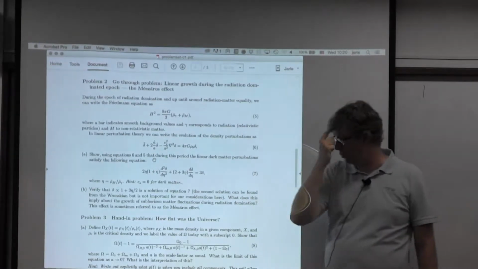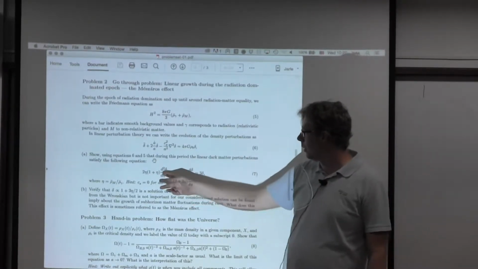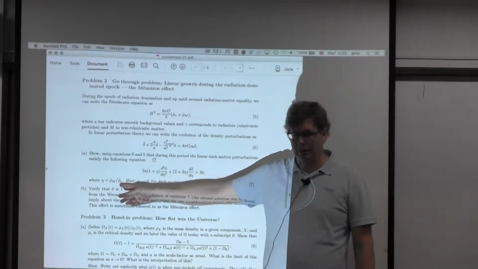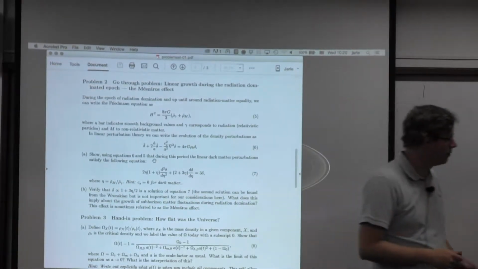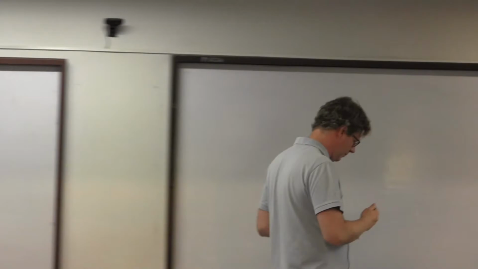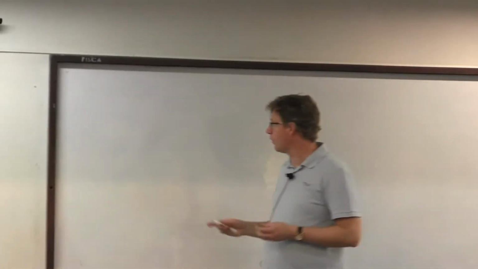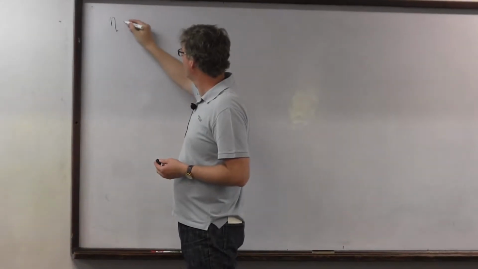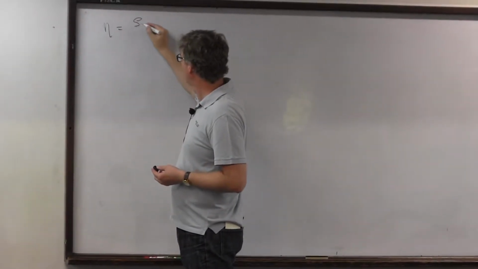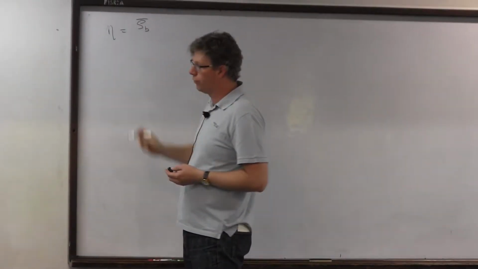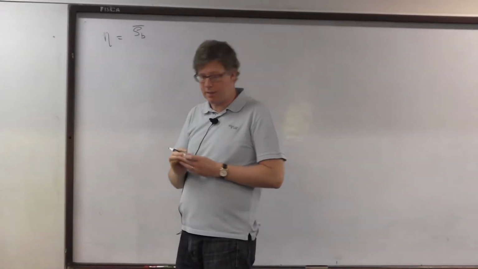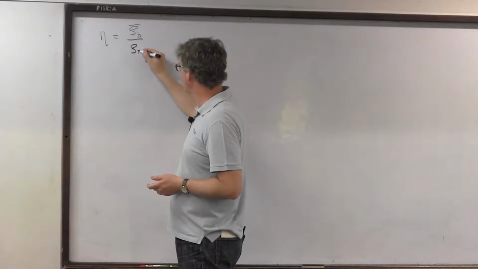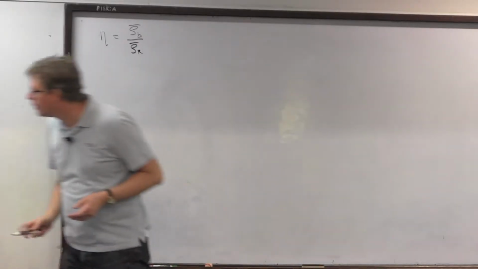So I need to change two variables. And they want me to use a variable which is eta in here. So let's just write this down first. Eta is the ratio of baryon density to the radiation density. Well, did I use R in there?